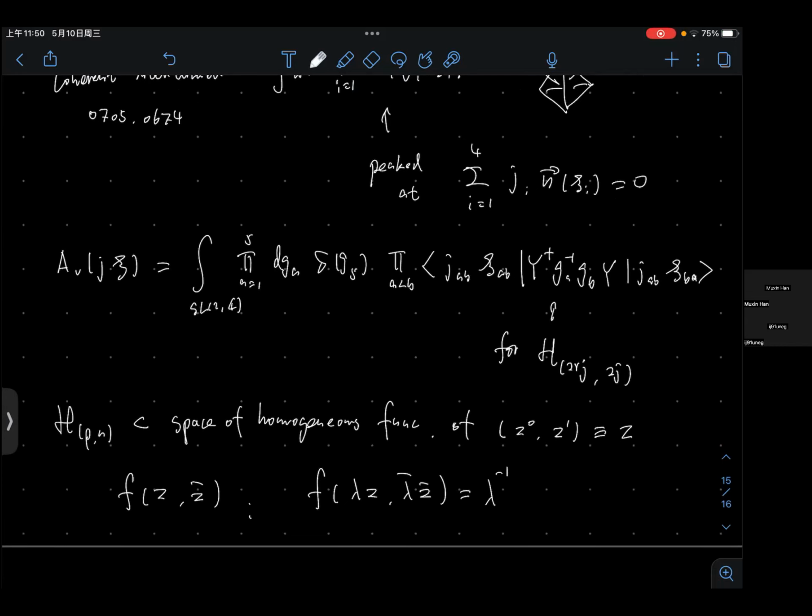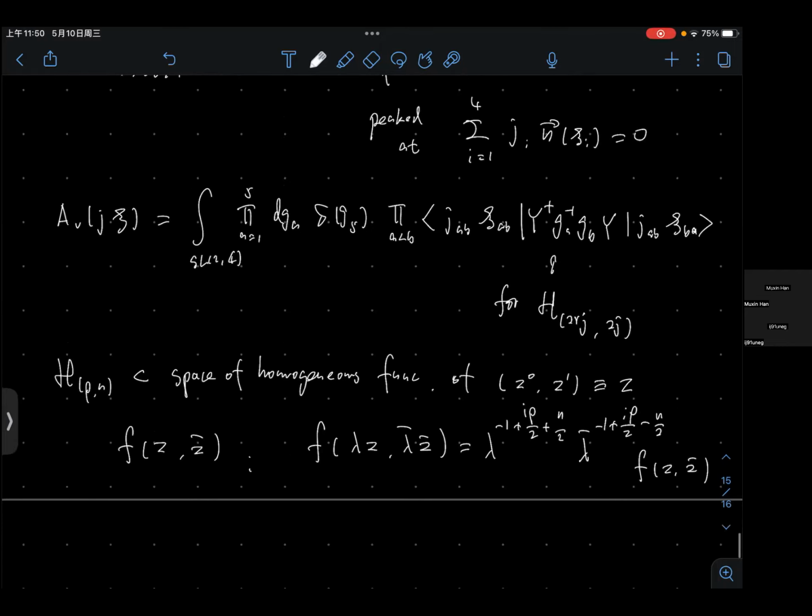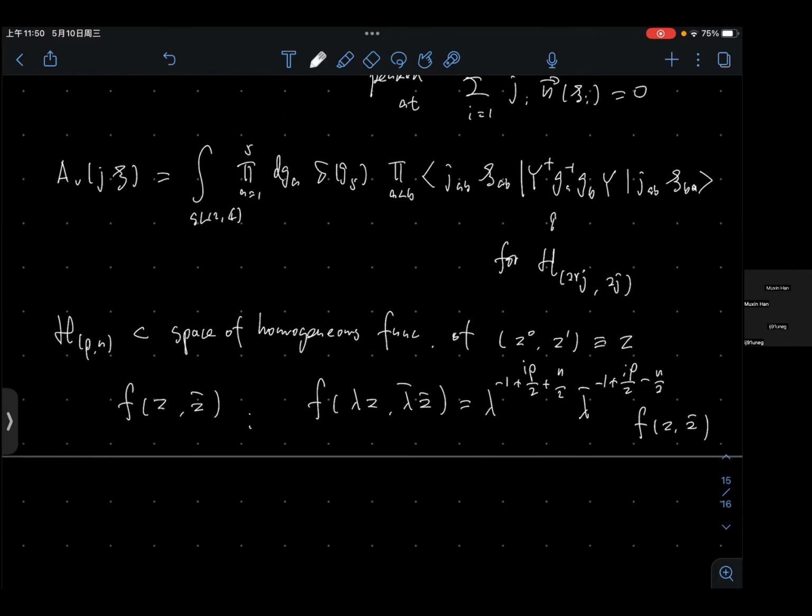So it's lambda to the power minus 1 plus i rho over 2 plus n over 2, and lambda bar to the power minus 1 plus i rho over 2 minus n over 2. So this is the basic way of representing this Hilbert space.